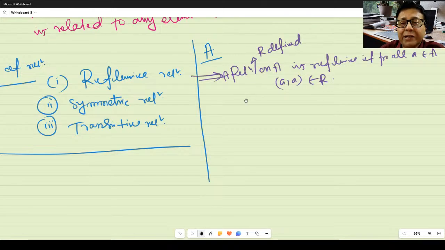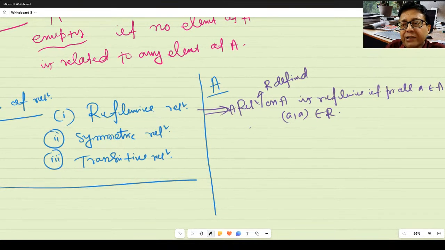I have taken the set A equal to, say, {P, Q, R}. Then already I have explained, but still I am writing.